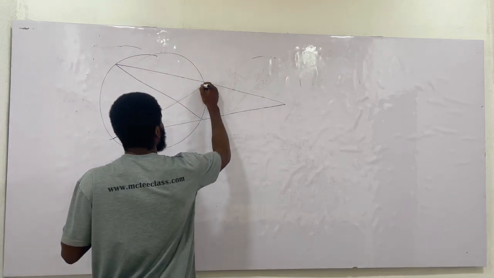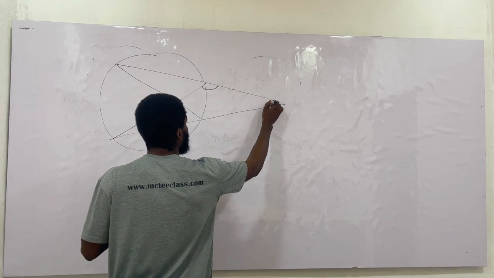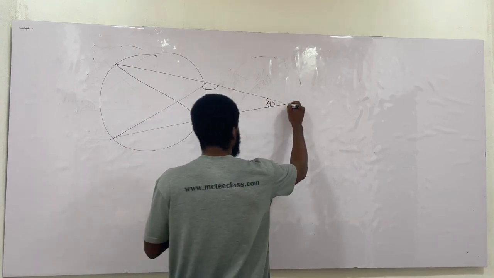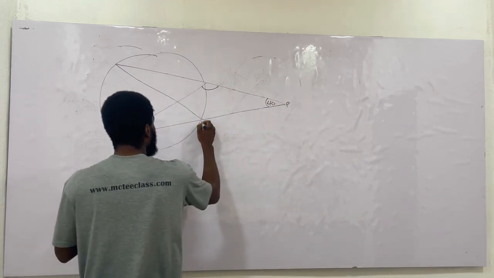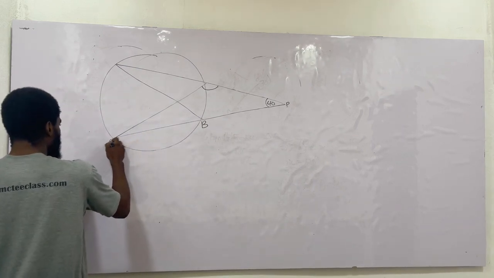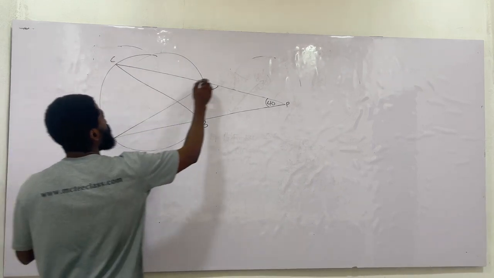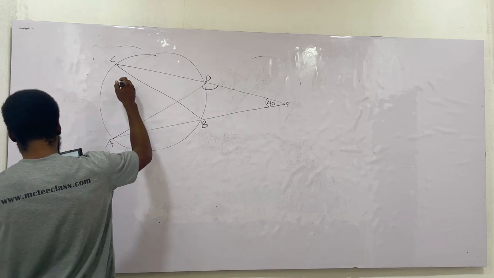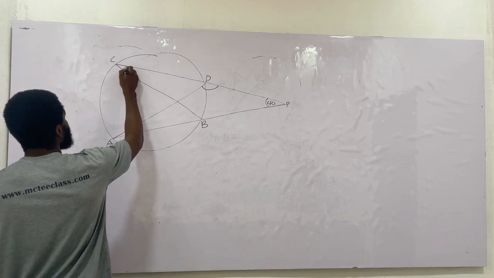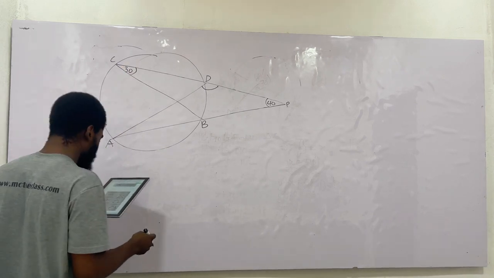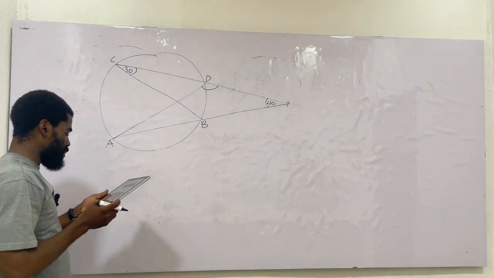Okay, angle here, they put an angle there. This is 40 degrees. That's P, B, A, C, then D. Then the angle here, it's 30 degrees. They put 30 degrees here. Okay, no problem.